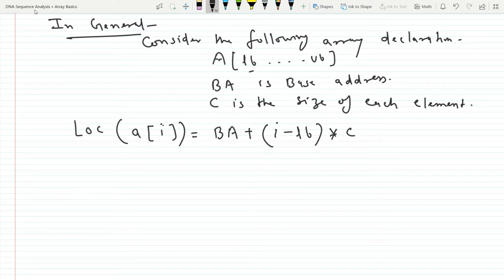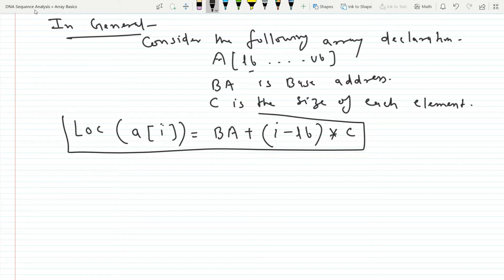C. So this is the general rule in a one dimensional array, in order to find the location of any cell. This is a very important formula, though we are not supposed to memorize it. Internally we know how it came into the picture.